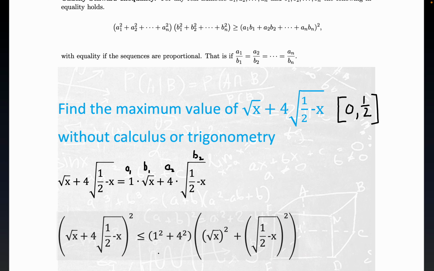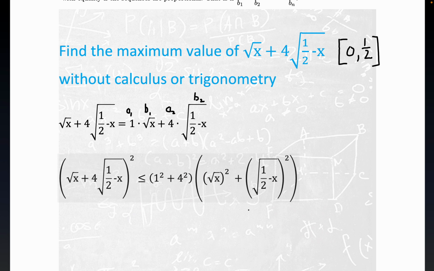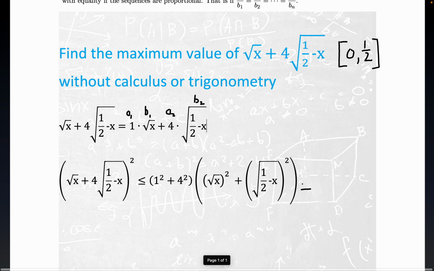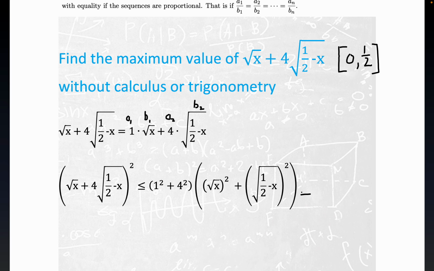Everything's in place here. Now, so what we're going to get right here is that this would be equal to 17. 4 squared plus 1 squared is 17.